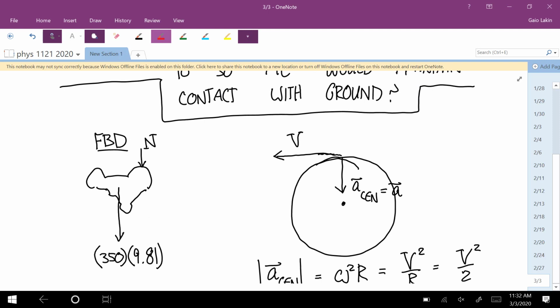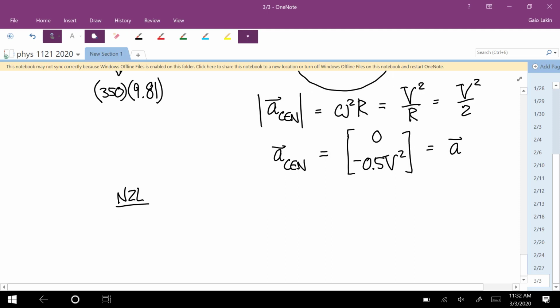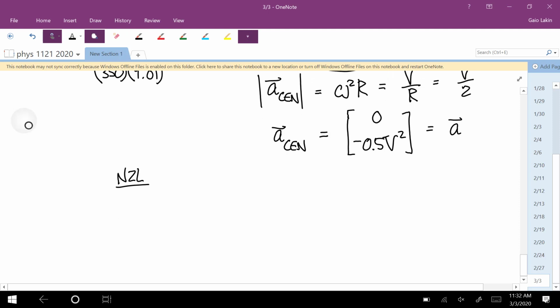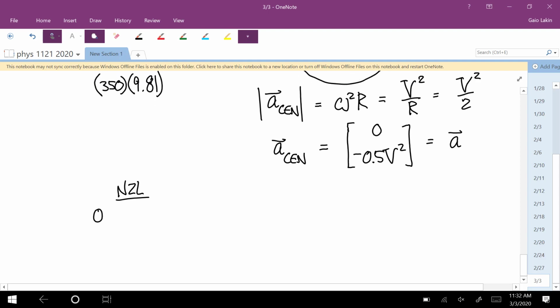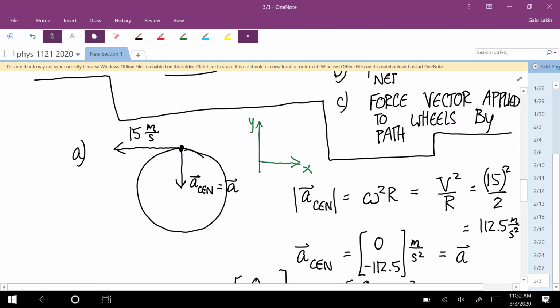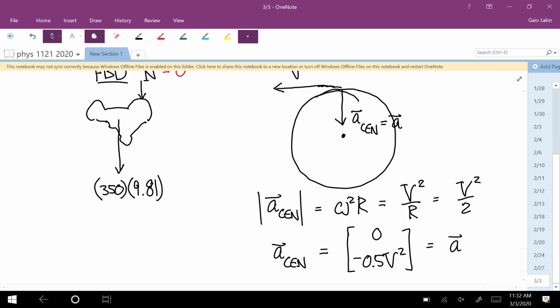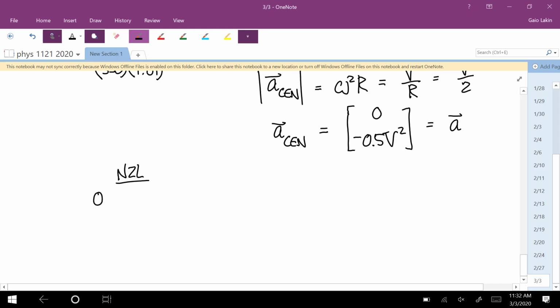And the criterion we're going to use is that this normal force is equal to 0. So now when we go to Newton's second law, we have the weight force, 0, negative 3433.5.